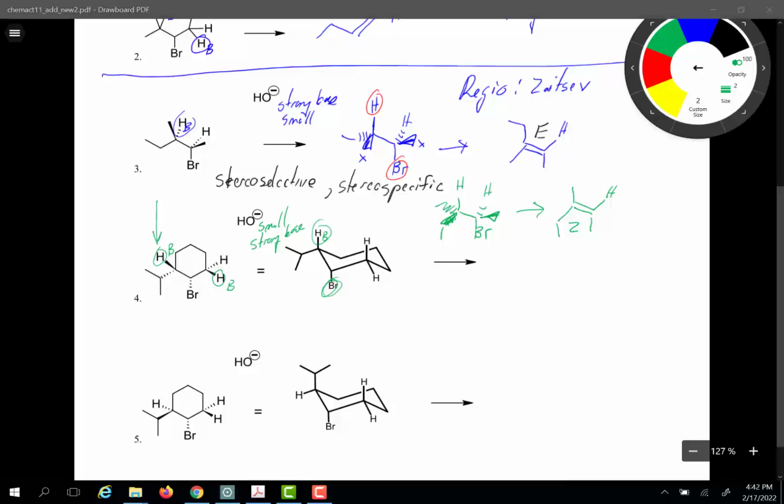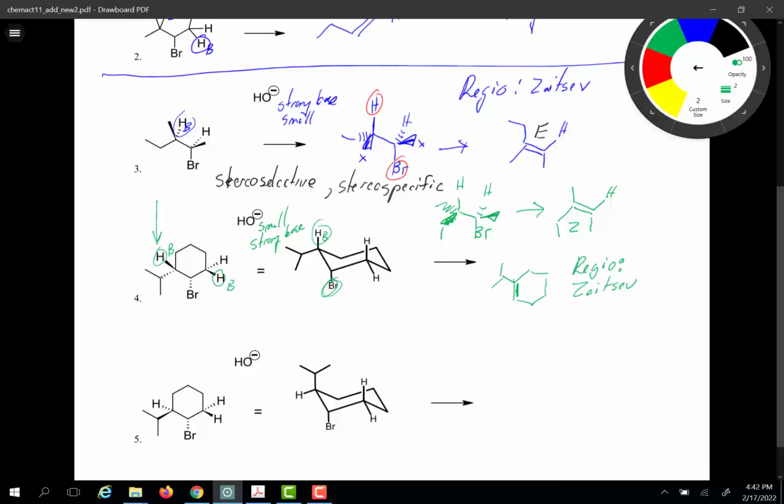Therefore, the product that I would expect to form, and I'm going to draw it not in the chair arrangement but rather like this, especially because we're forming a double bond. Here is that isopropyl group, and then I'd expect the double bond to be right there. We would say that this product has a regiochemistry of Zaitsev.